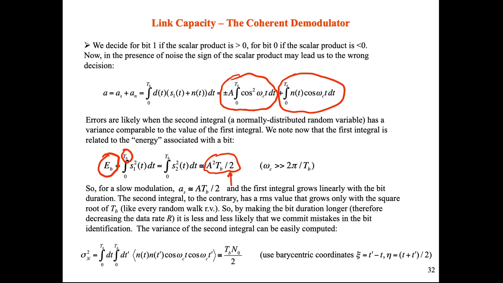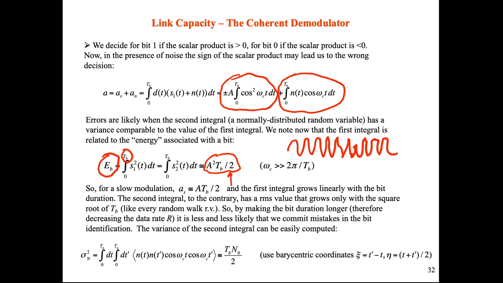We are assuming, remember, that there are many cycles before we have a bit change, and the bit change is reflected in a change of the sign of the cosine of the waveform.